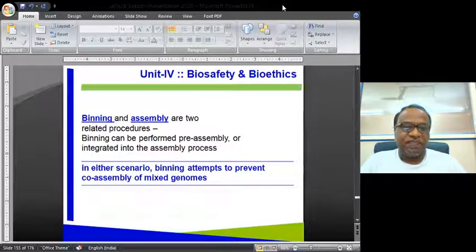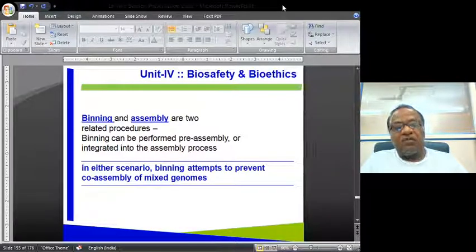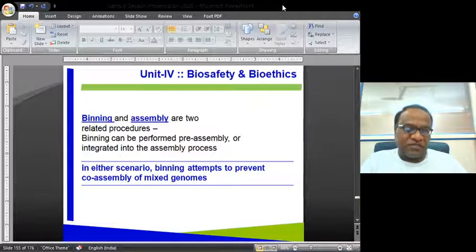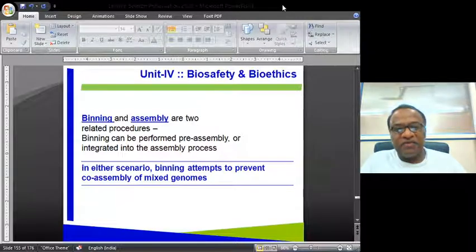Binning, that is clustering of the genome sequences or phylogenetic analysis of the sequence, can be performed as a pre-assembly procedure, or it can be integrated into the assembly process.